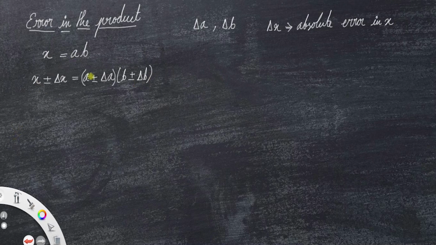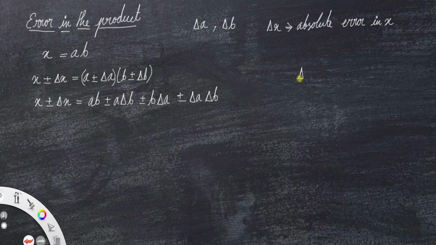Clear? Now if you multiply on the right hand side, you will get x plus or minus delta x equal to a into b is ab, a into plus or minus delta b is plus or minus a delta b. Now plus or minus delta a into b is plus or minus b delta a. Now plus or minus into plus or minus is again plus or minus delta a into delta b. Clear?